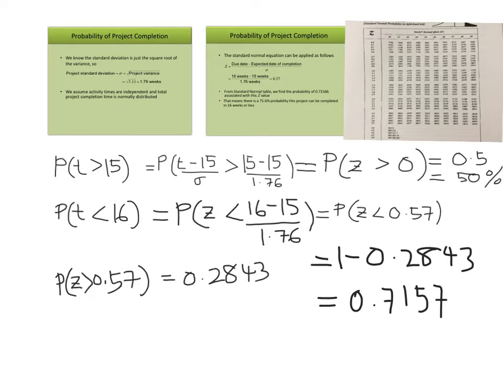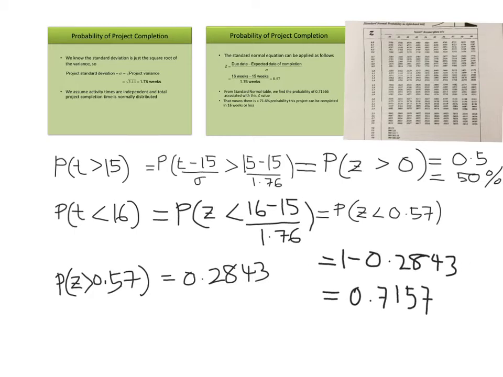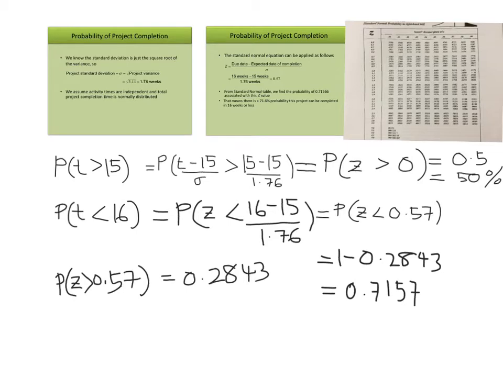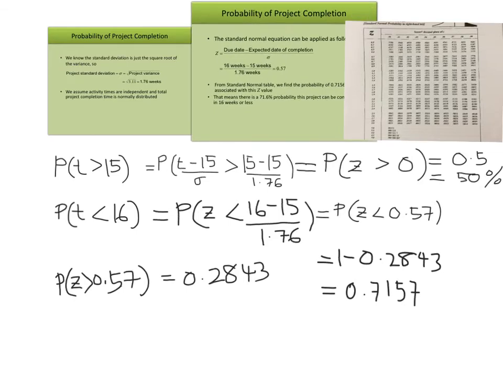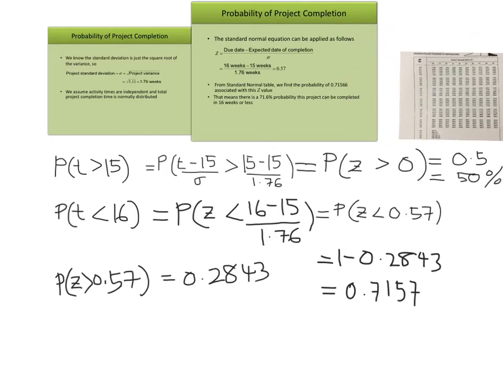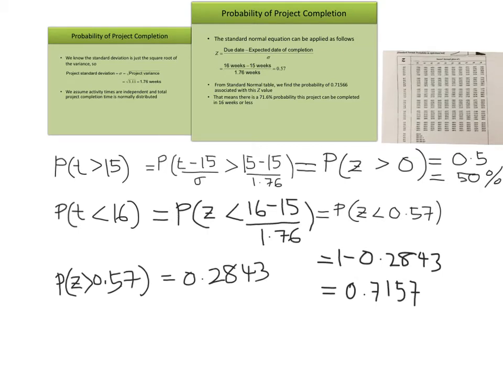Okay, so if we look at this slide, how do we explain that? This means that there is a 71.6% probability that this project can be completed in 16 weeks or less.